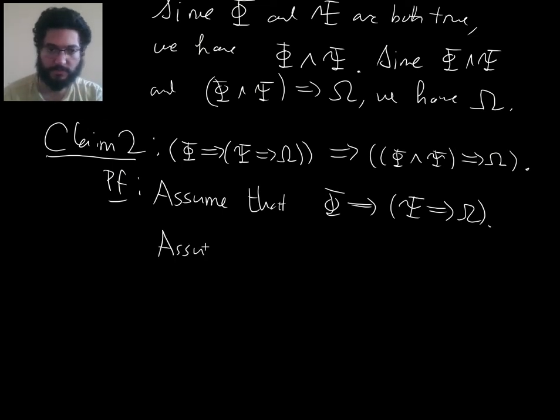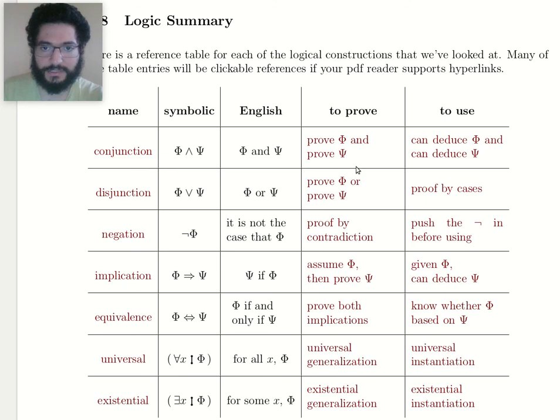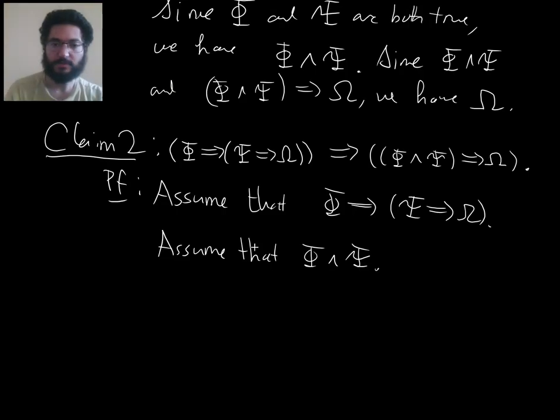So assume that phi and psi. Now, from something like phi and psi, I can deduce phi and I can deduce psi. So then phi.